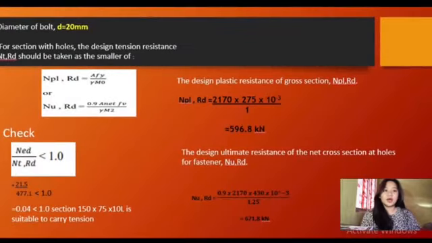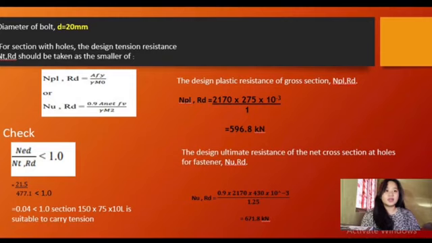Selepas itu, kami masukkan semua data dan calculation dia and check nilai dia mesti kurang daripada 1.0, dan nilai yang kami dapat iaitu 0.04 kurang daripada 1.0, which mean section 150 times 75 times 10L is suitable to carry tension.